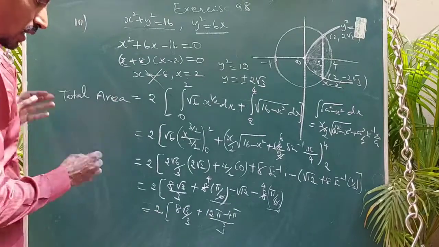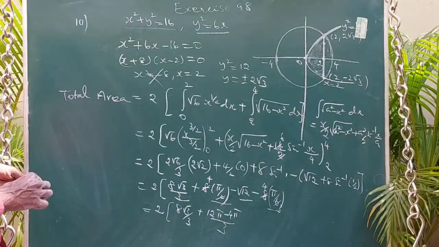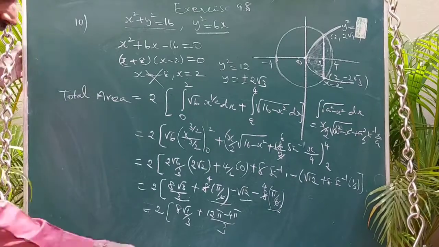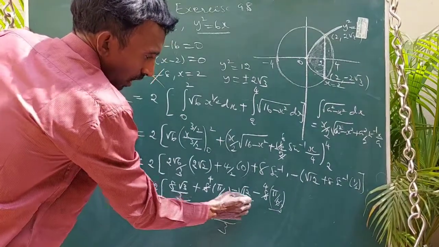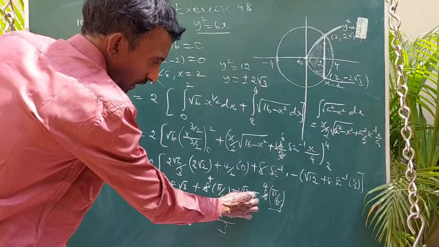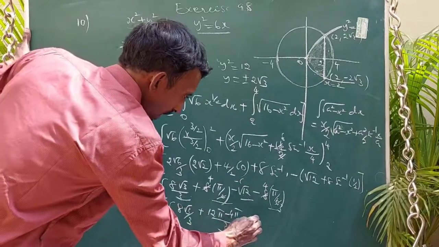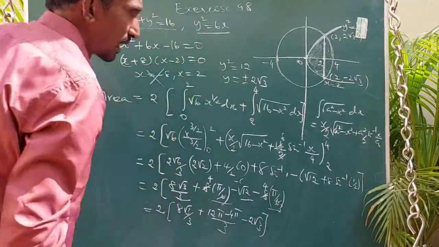Again, if you want you can take the LCM for these two. The root of 12 is root of 4 into 3, again minus, it can be written as minus 2 root 3, write it in the next step.